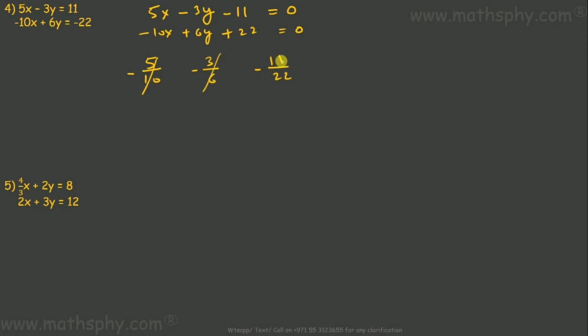So this is 1 over 2 negative, 1 over 2, 1 over 2. So A1 over A2 is equal to B1 over B2 is equal to C1 over C2, means coincident lines, means consistent.